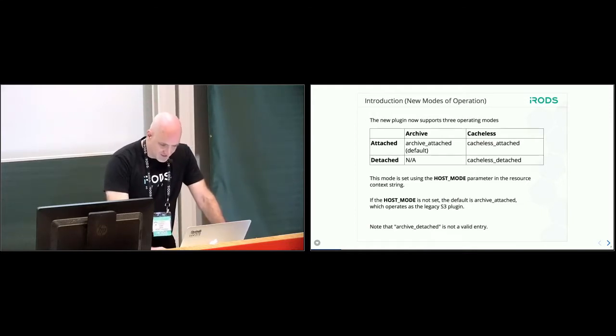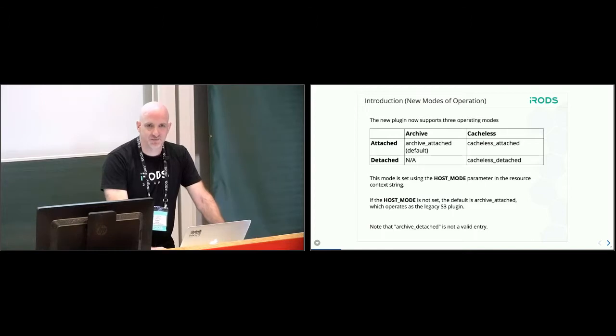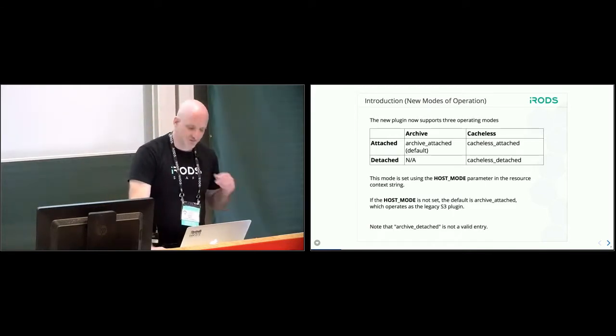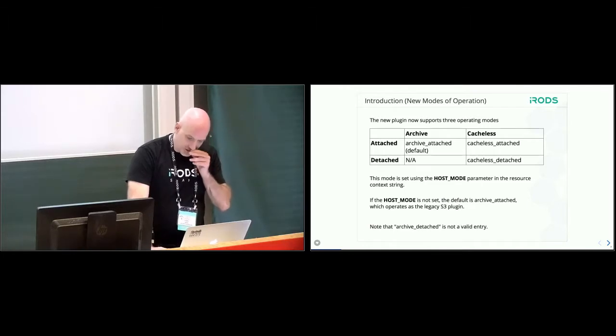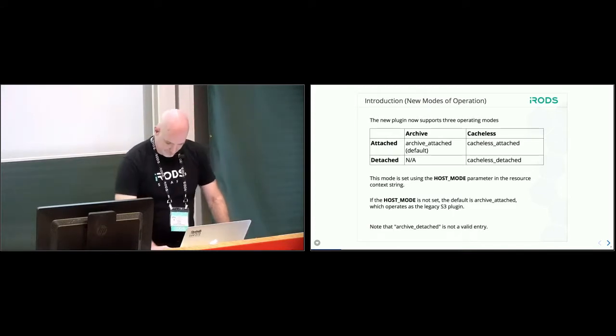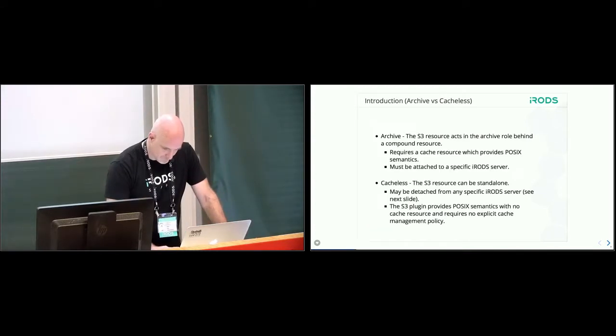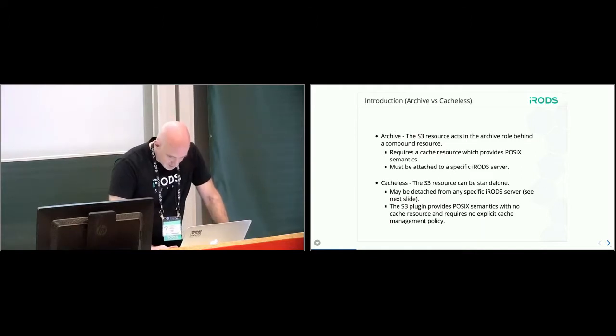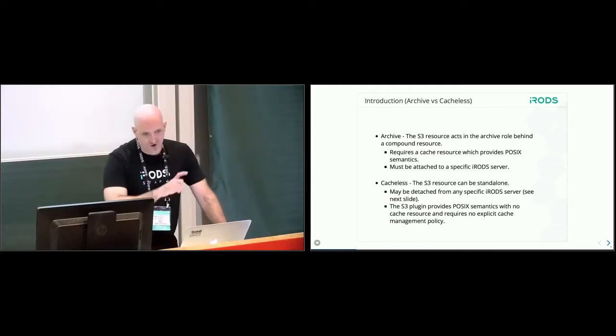Also notice archive detached is not a valid entry, basically because of what I said before. When you have a cache resource, it's basically pegged to a specific server. Okay, so I'll get into what these are. The first part of that configuration is archive and cacheless.